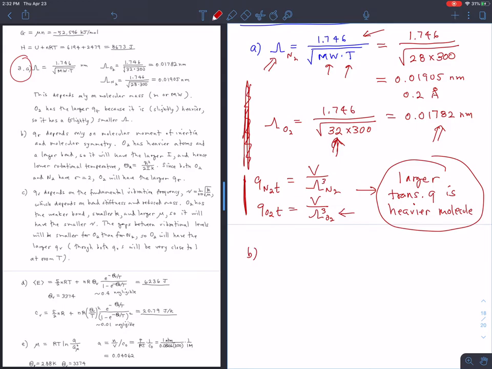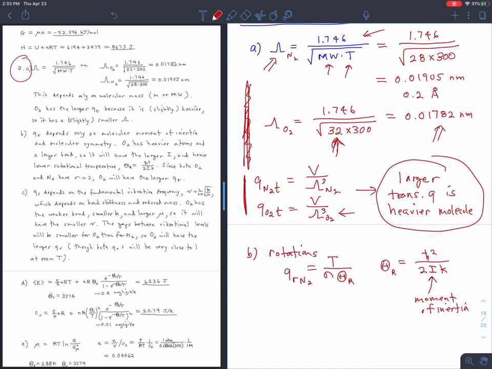So B, for the rotations, remember the partition function for N2 here, let's say, is equal to the temperature divided by the symmetry factor and the rotational temperature. And remember that the rotational temperature is equal to h bar squared over 2 times I times k. So what matters is the moment of inertia.